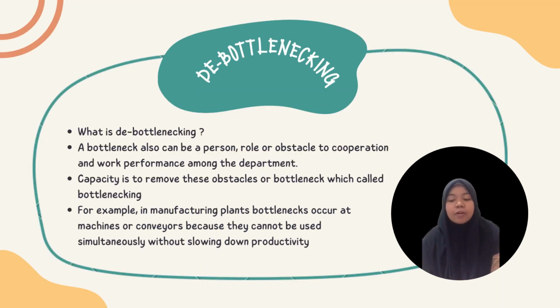So first things first, bottlenecking has 3 points. I will explain these points to you. For the first point, a bottleneck can also be a person, a role or an obstacle to cooperation and performance among the departments. Secondly, debottlenecking is to remove these obstacles or bottlenecks. An example we can give for bottlenecking is in manufacturing plants.